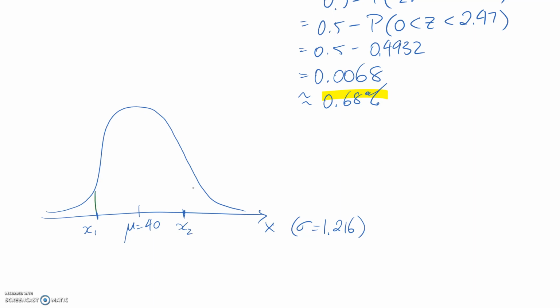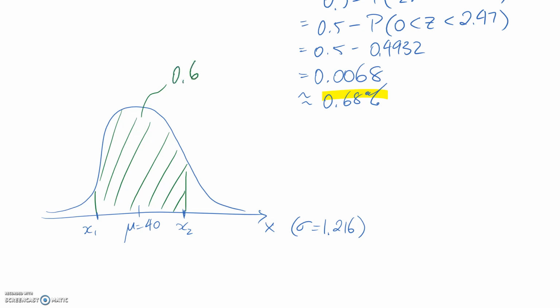And what we know is that the area inside all of this has to be equal to that 60% or 0.6. So if we're going to use our inverse table, remember we need the back or the bottom side of our area.